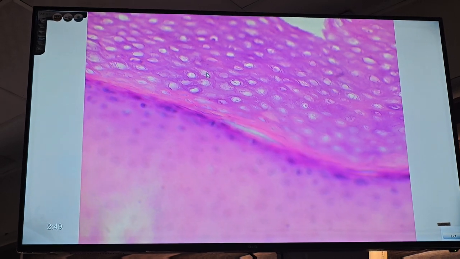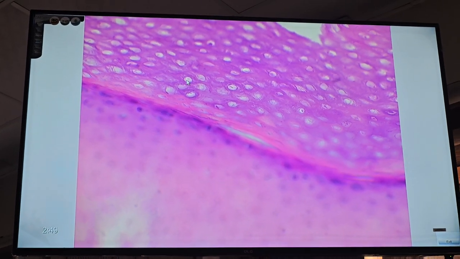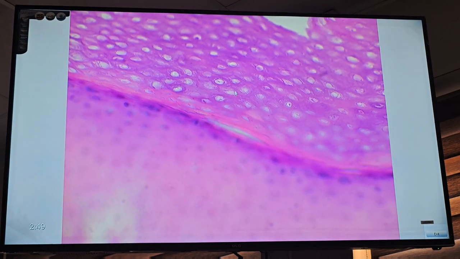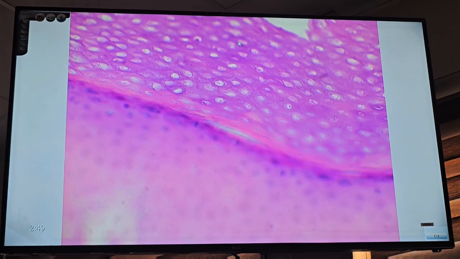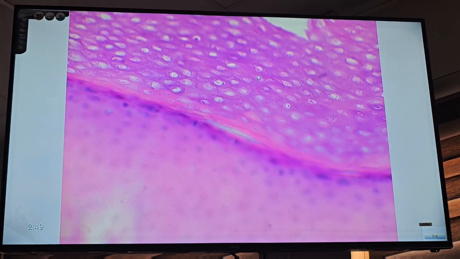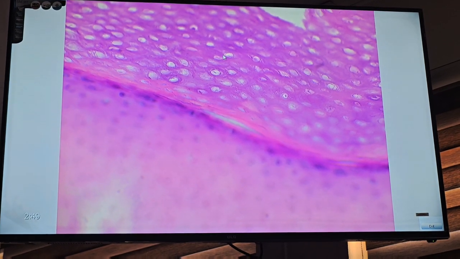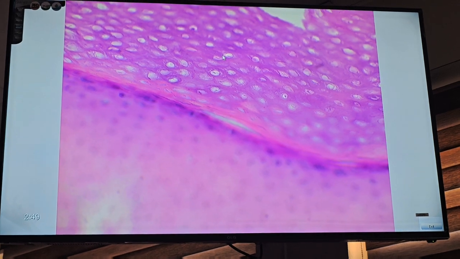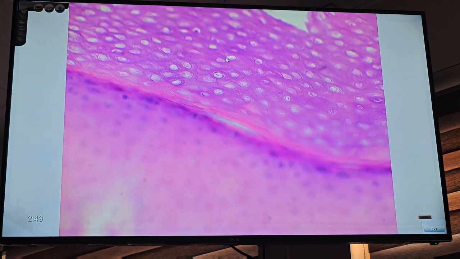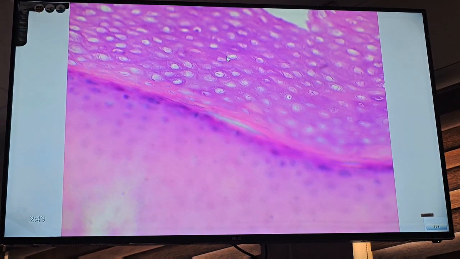The cells are non-nucleated. These are vacuoles. Non-nucleated flattened cells. Okay? Any question about the cells of the epidermis or the layers of the epidermis?